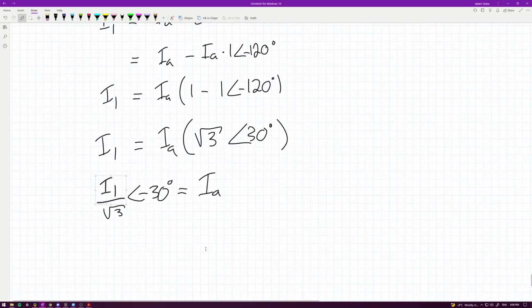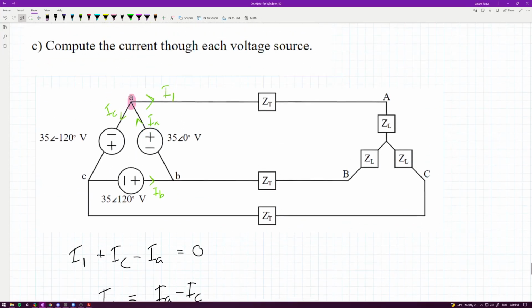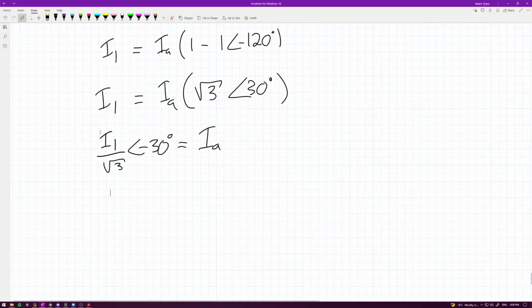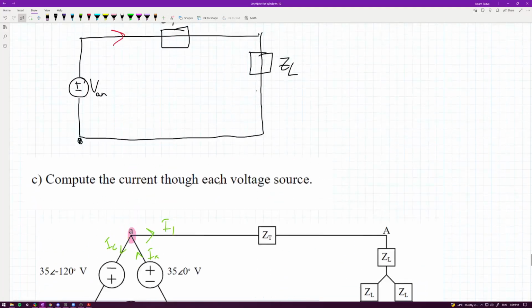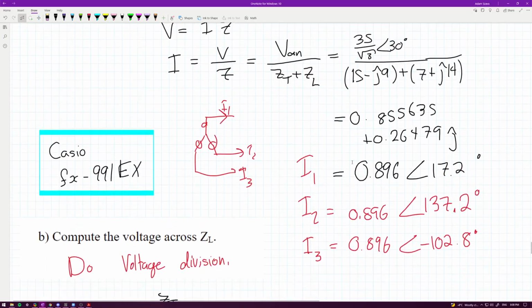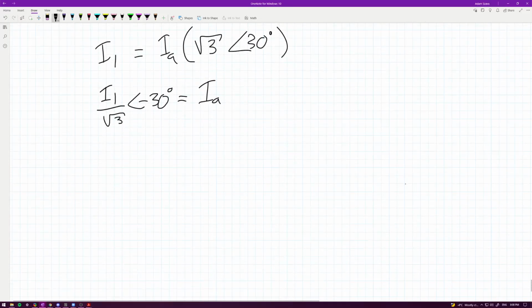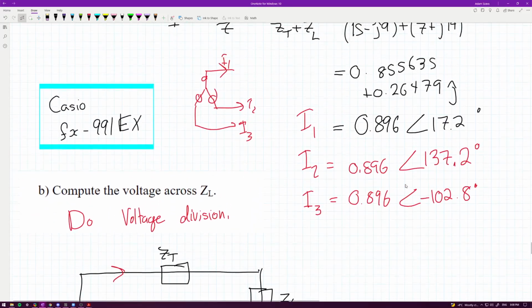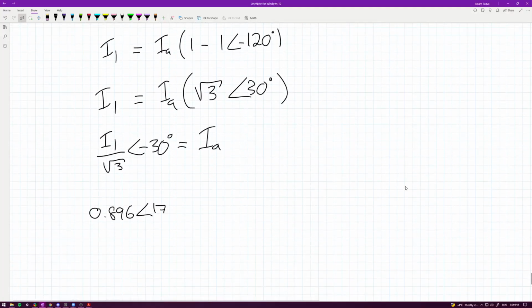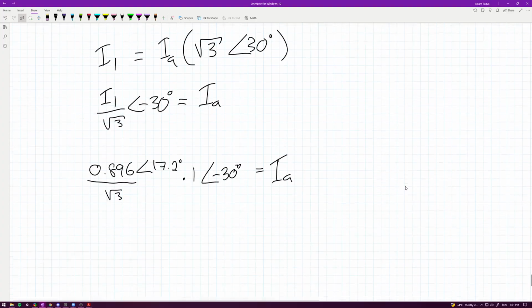I know I1 from my previous sections. I figured out I1, so I can just substitute that in here, and that'll get me IA. So let's do it quickly. I1 is 0.896 to an angle of 17.2, over root 3, and then really multiply by 1 to an angle negative 30 degrees equals IA.